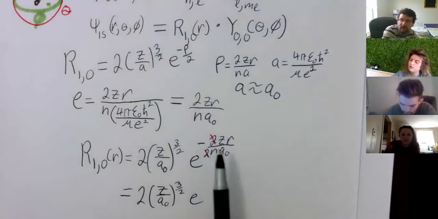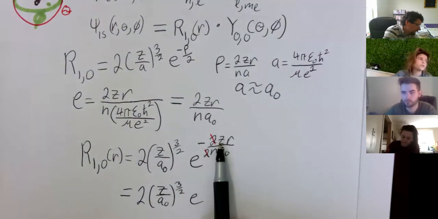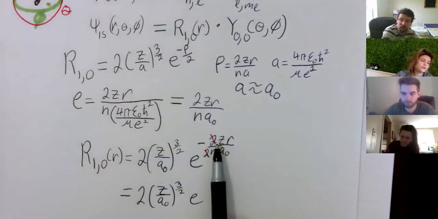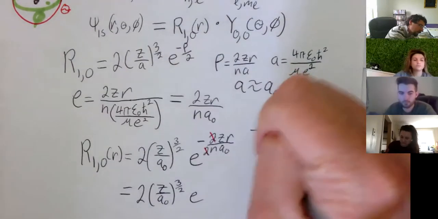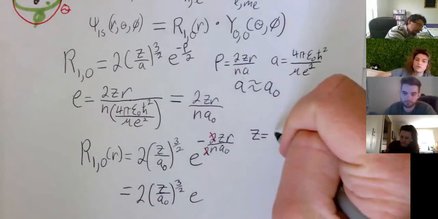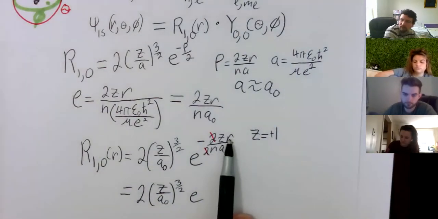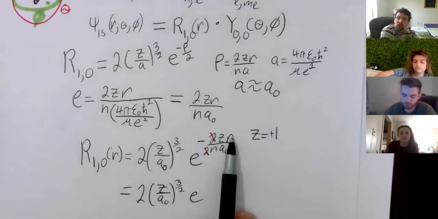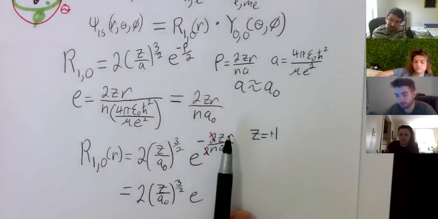So let's look at these things. What's Z again? What's the effective charge? Well, it's the nuclear charge in this case. Yep, so what's Z equal to? 1, because we're talking about a hydrogen atom. What's R again? The radius, 0.529 angstroms. Well, that's the radius. Remember, it's fuzzy in this system.